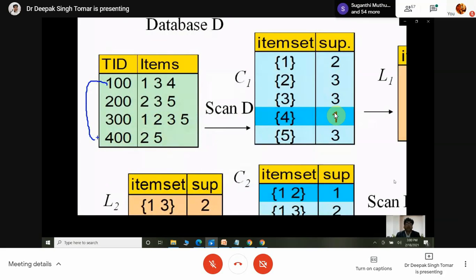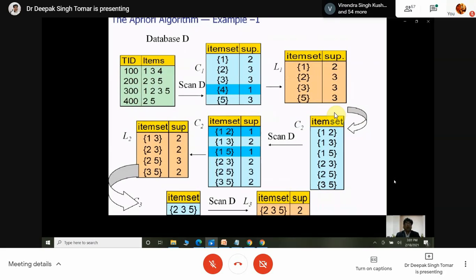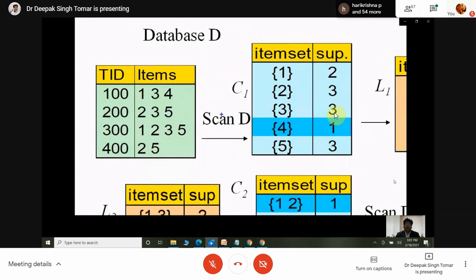Here we have only 5 elements, but actually there are millions and millions of items and a huge number of transactions, especially in websites where logs are generated. So first we generate the candidate set. Suppose the minimum support is 50%. The total transactions are 4, so its occurrence should be 50% of that. So we scan all the database at first.